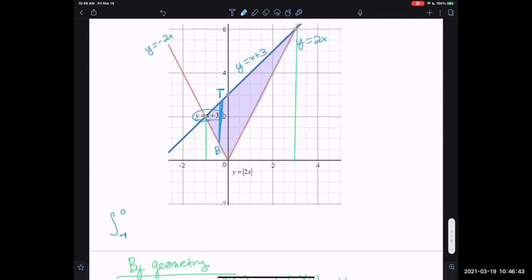So I'm going to set it up as a top minus bottom situation from -1 to 0. On top is the line x plus 3, minus, and then this part of the absolute value graph is the negative 2x portion.